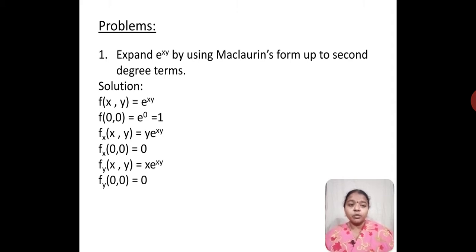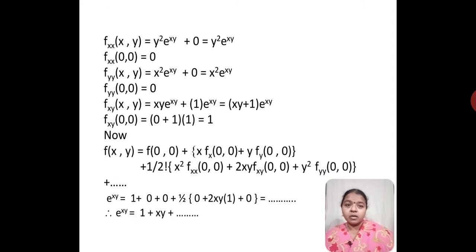Next we have to find fxx, which means we have to differentiate fx again partially with respect to x itself. The term is y e^(xy), where y remains a constant.